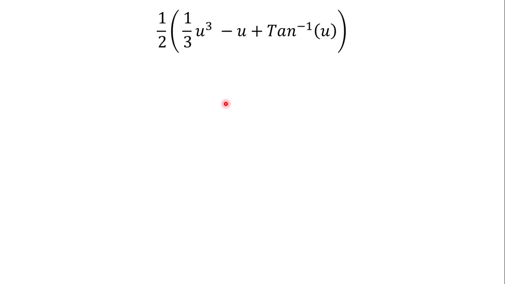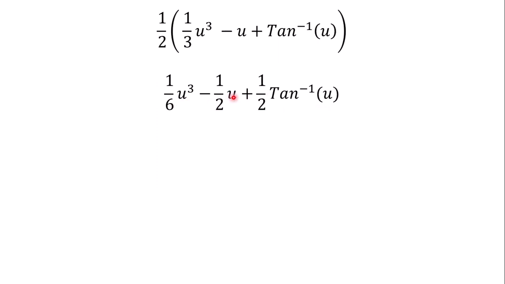Okay, so we are going to open the bracket. You're just going to multiply this one by the whole of what? This. We're going to multiply this by the whole of this. And when we do that, this one will give us 1 over 6 times u raised to the power 3, minus 1 over 2u, plus 1 over 2 tangent inverse of u.